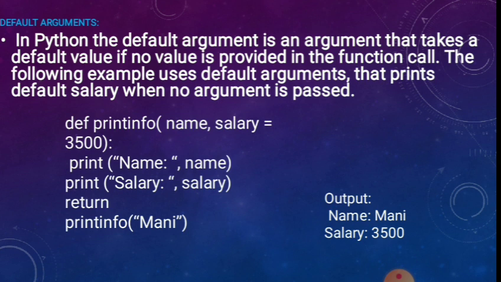In the definition we can see name and salary, then the salary value is assigned right here. Then we are going to print the name and salary, return, then print_info of money. The money is the name. Then you can see in the output name, money, then salary is 3500. We didn't give the value in the call. It's automatically assigned. When you are creating a definition, if you assign such values there itself, it is called a default argument.